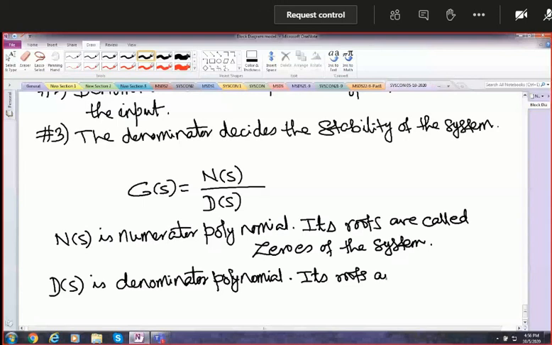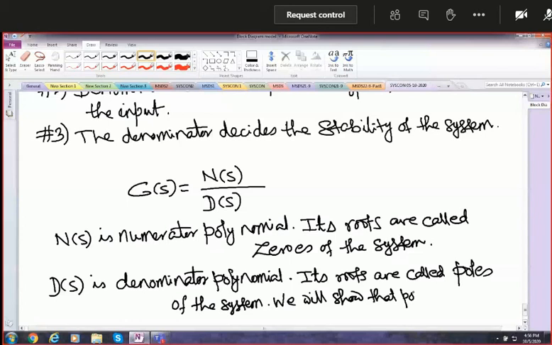We will prove that poles are the same as eigenvalues. They will be the same. So if poles are the same as eigenvalues, obviously stability will depend on eigenvalues. If poles are eigenvalues, that will decide the stability of the system.